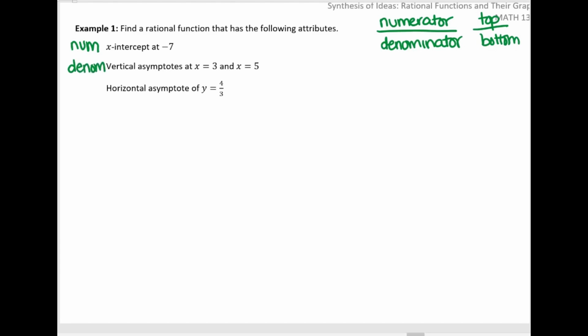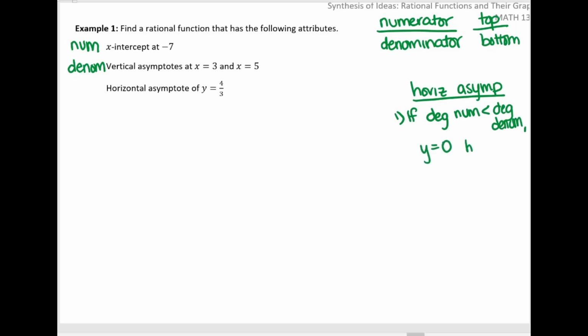And then we have a horizontal asymptote of y equal to a number. So a quick reminder with our horizontal asymptotes: first case, if the degree of the numerator is less than the degree of the denominator, we automatically had y equal to 0 for our horizontal asymptote.